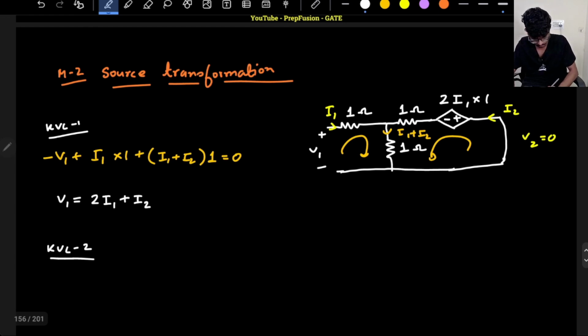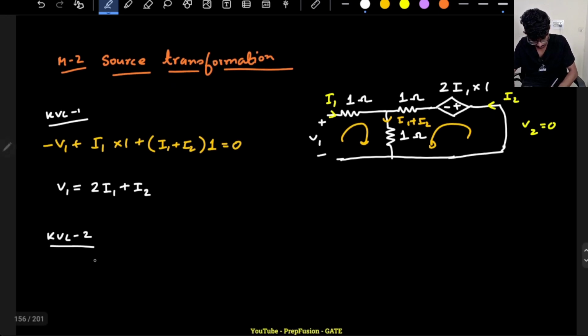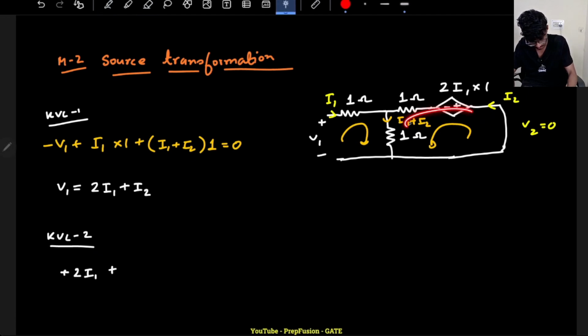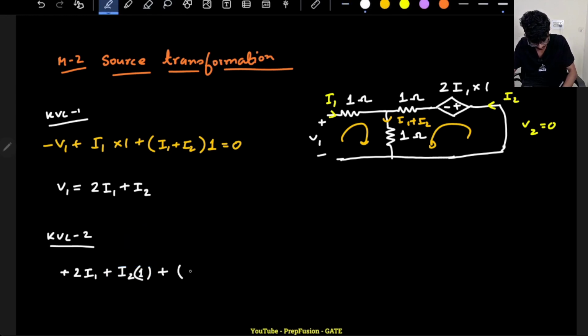And this will be plus 2I1 plus the current drop, I2 into 1, plus I1 plus I2 into 1 equal to 0.